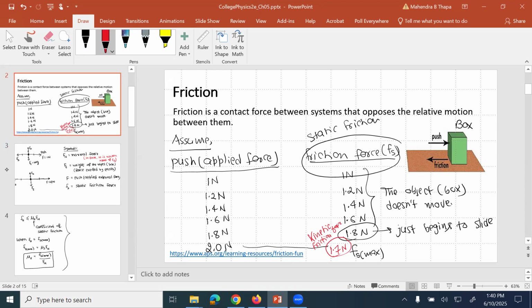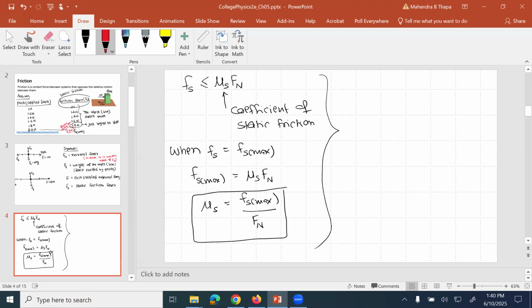Now similarly you can define Fk equals mu k times Fn. Here Fk is the kinetic friction force and mu k is the coefficient of kinetic friction.